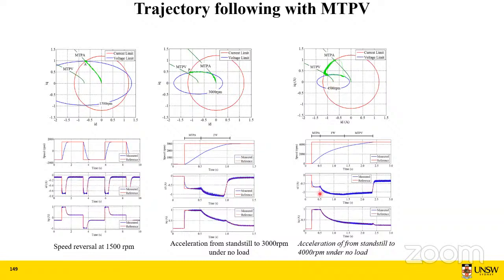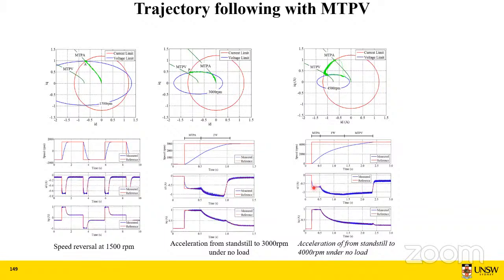You can also see how the speed accelerated from 0 to 4,000 RPM by the speed controller. The ID current is following the reference. The blue one is the actual measured current, the red one is the reference. So the PI controllers are designed in such a way that they follow those references very closely.